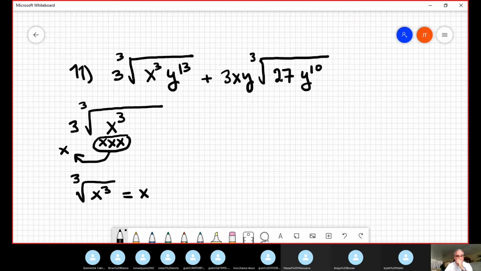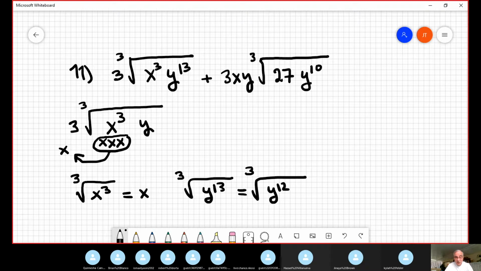Let me see what about y. In my opinion, I decompose the cubic root of y to the 13, no? So I try to find the multiple of 3 close to 13 going down, of course. That gets 12.